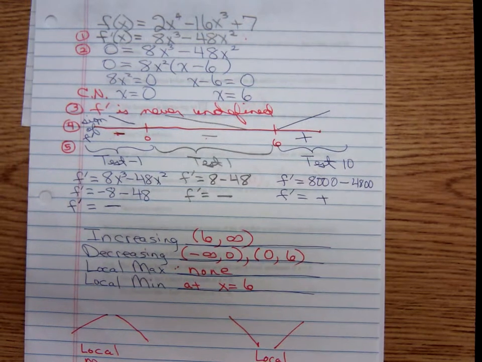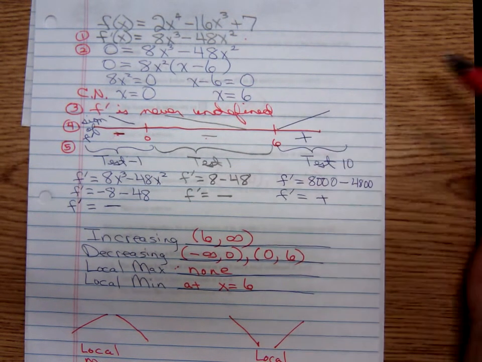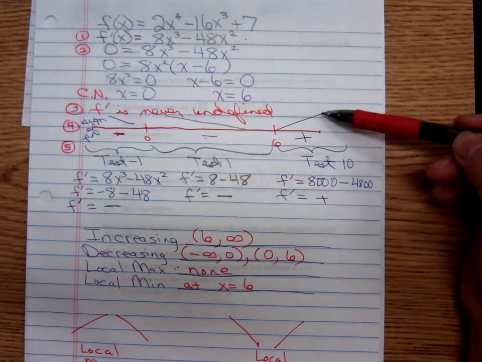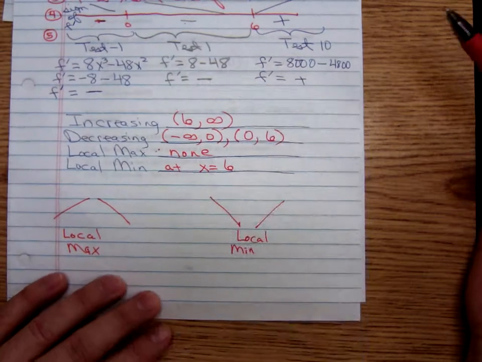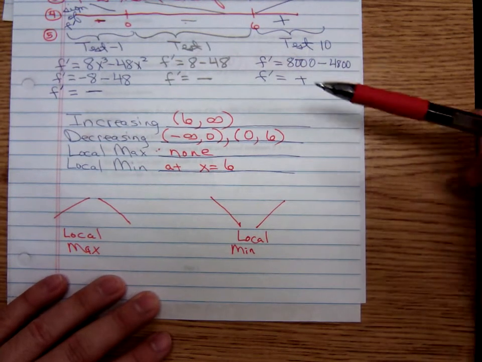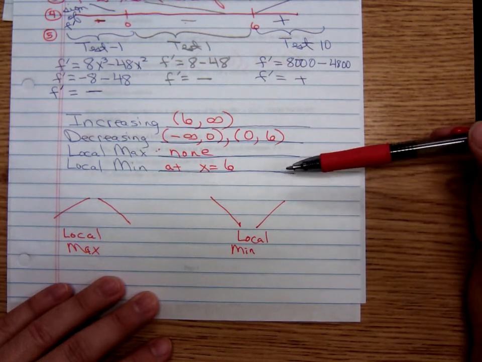That means the function is decreasing. If the derivative is positive, then the tangent line is rising from left to right. That means the function is increasing. And then we use the information on that number line to state increasing, decreasing, local max, local min.